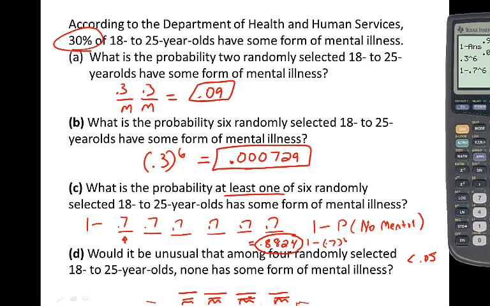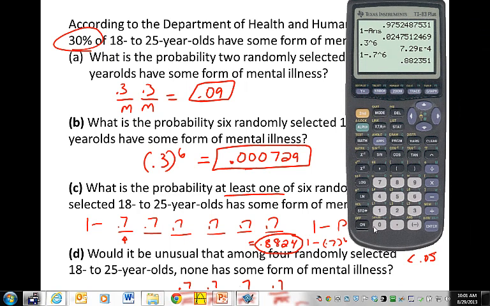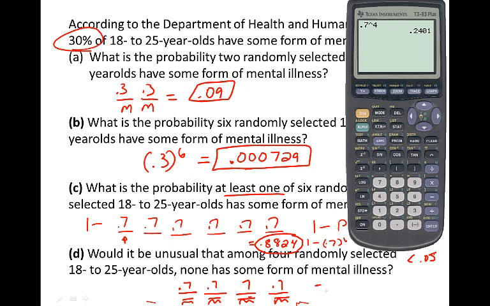The probability that each one of them does is 0.3, so the probability this one does not is 0.7. And so 0.7 raised to the 4th is 0.2401. So is it unusual? No, that is not less than 0.05.